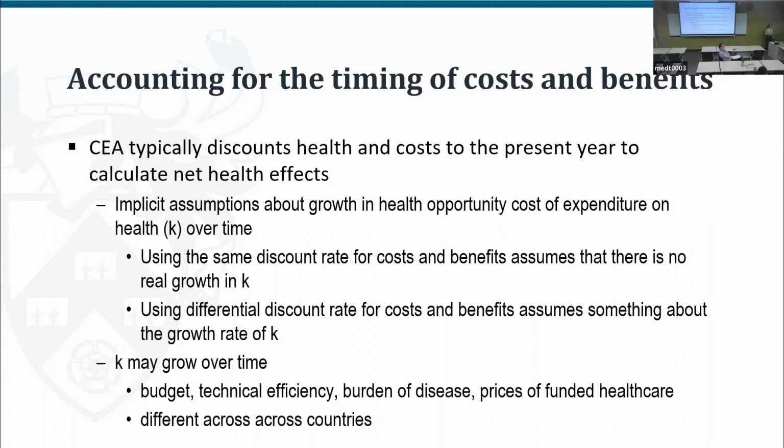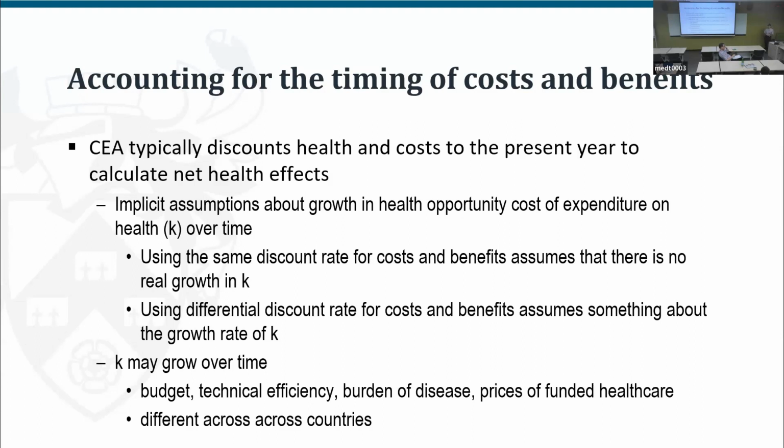So using the same discount rate for costs and benefits assumes that there's no real growth in K over time. And using differential discount rates for costs and benefits assumes something specific about the growth rate of K. So the discount rate for costs minus the discount rate for health would give us the real terms constant growth rate in K that's being assumed. But this isn't very realistic.